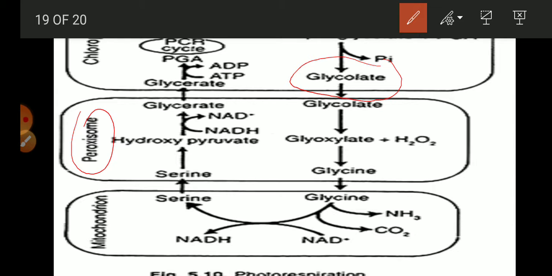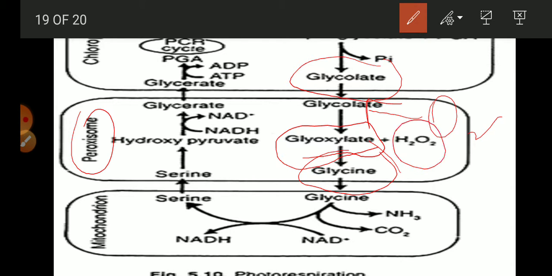Hydrogen peroxide is formed by adding more oxygen to glycolate, and this oxygen takes a hydrogen or proton from glycolate and changes into hydrogen peroxide and is removed, and then it is broken down into water and oxygen.